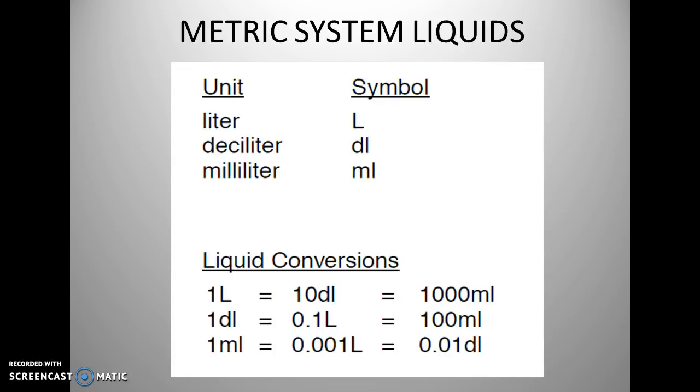The conversions, as you can see here: 1 liter is 10 deciliters, which is 1,000 milliliters. 1 deciliter is 0.1 liter, or 100 milliliters. And 1 milliliter is equal to 0.001 liters, equal to 0.01 deciliters.